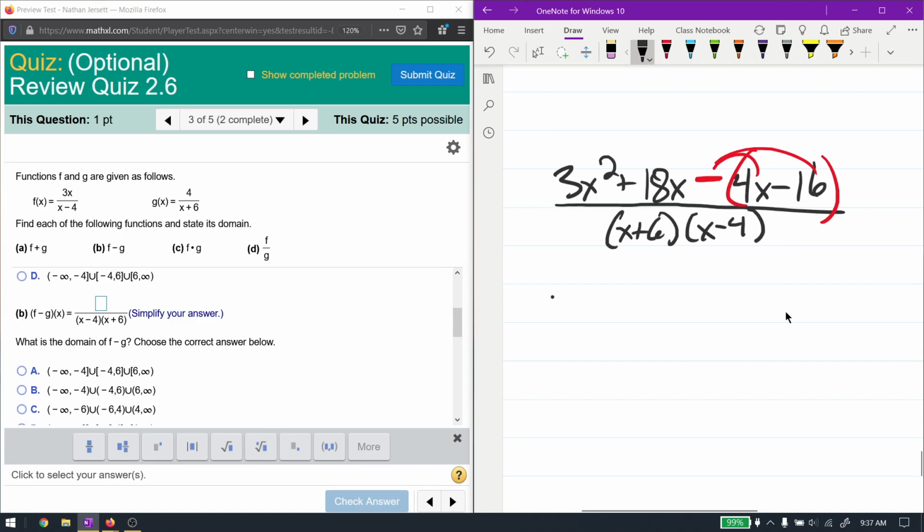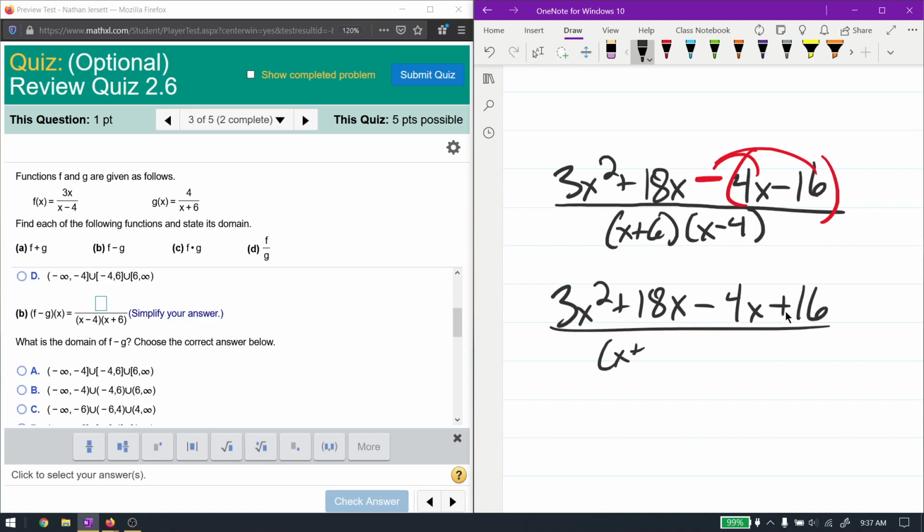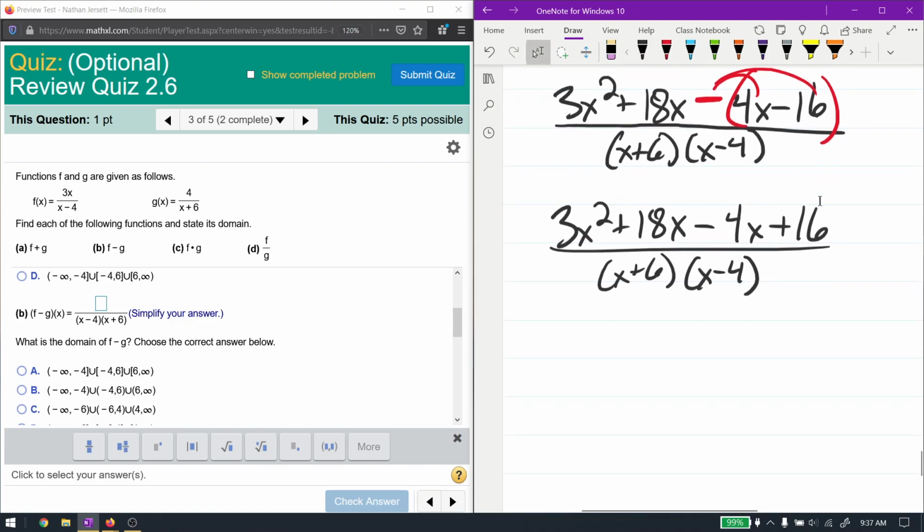We have 3x squared plus 18x minus 4x plus 16. You can also note that x cannot equal negative 6 or positive 4 again. It's the same issues as the first problem, I should say.